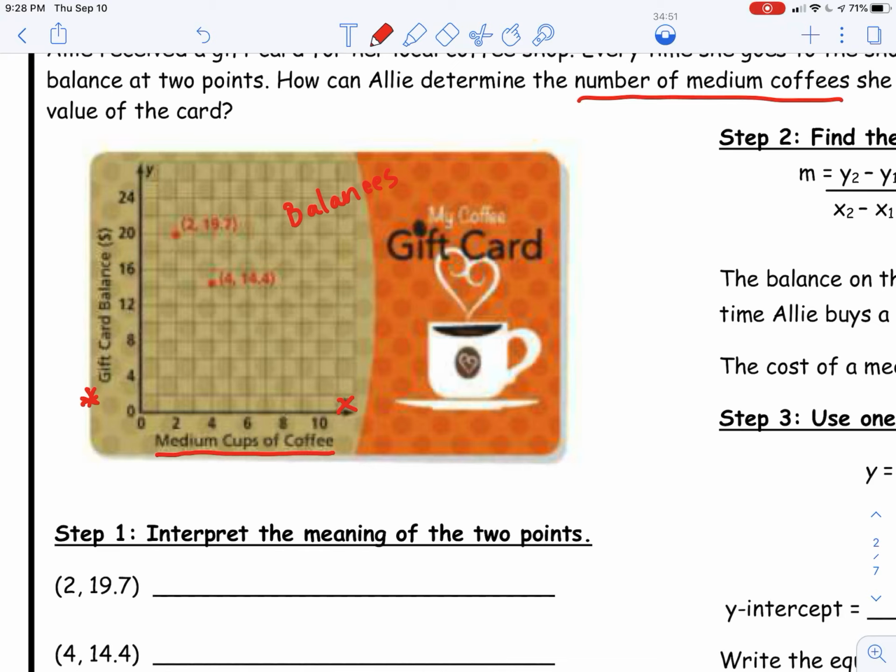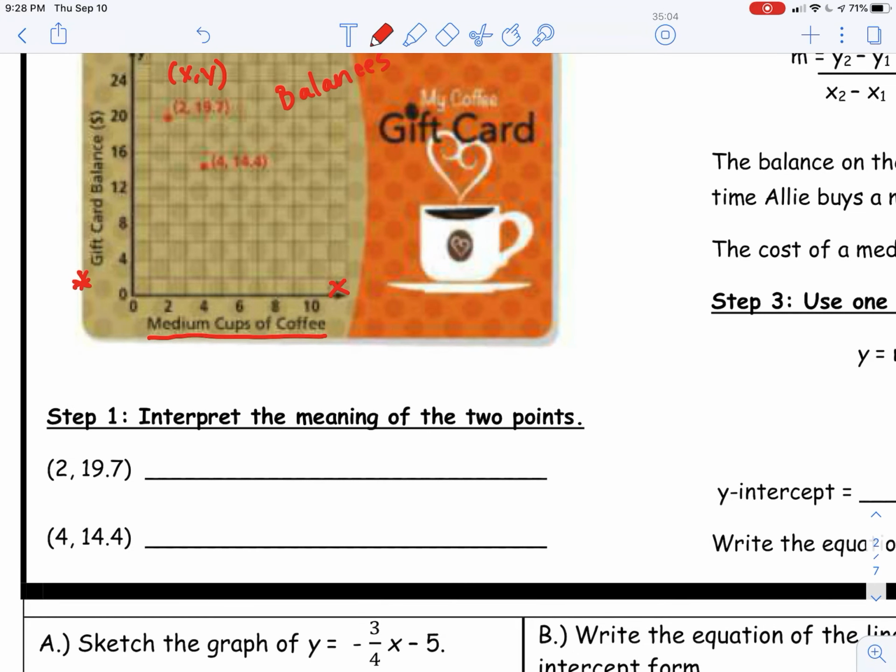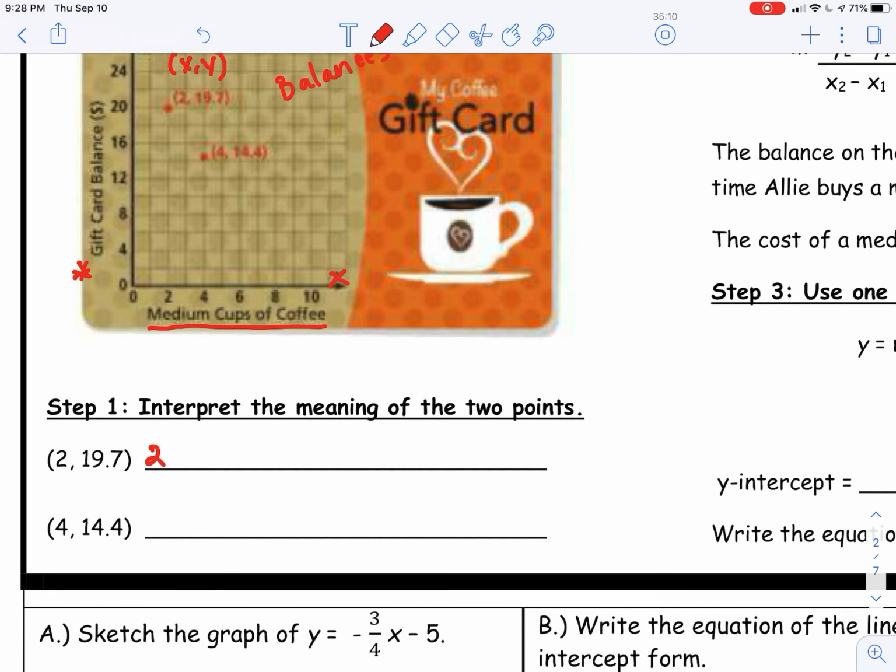Okay, so X is the number of coffees. Y's are the gift card balances. So when you're thinking about this, when we're looking at these points, 2 and 19.7 down here in step 1, you want to fill this in. 2 represents 2 cups of coffee, and the 19.7 represents the balance.